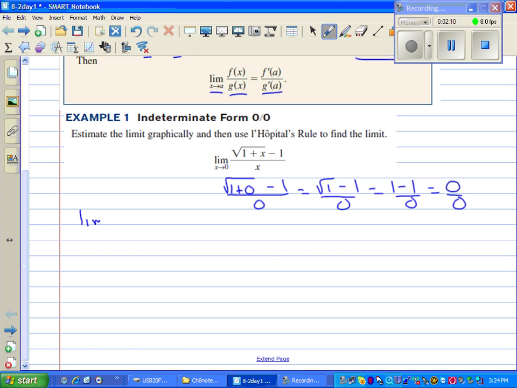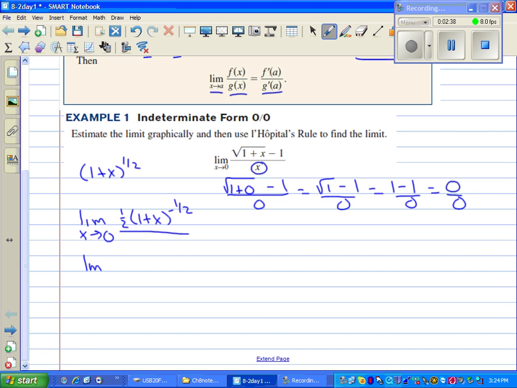So we have the limit as x approaches 0 of the derivative of the square root of 1 plus x. We have 1 plus x to the 1/2 power. So that's going to be 1/2 times 1 plus x to the negative 1/2. The derivative of negative 1, or just 1 in this case, goes away, it's 0. And then the derivative of x is 1. So all this here is divided by 1, which we really don't have to worry about.